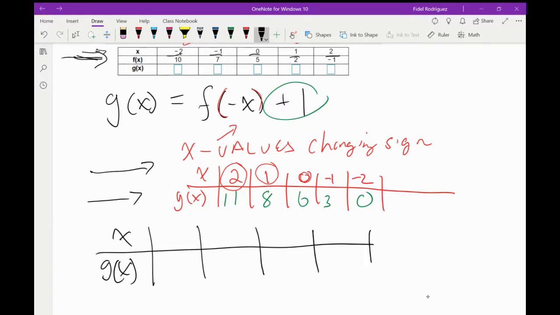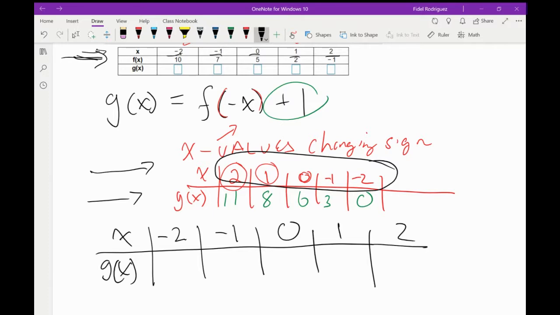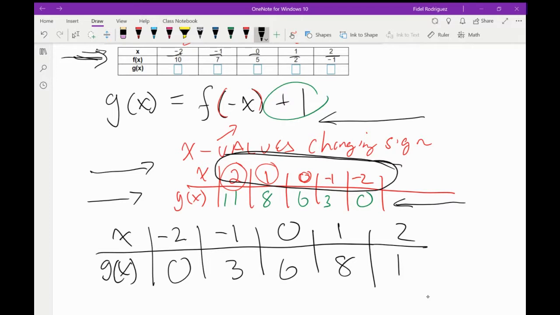Let's rewrite the x values where -2 comes first, then -1, then 0, 1, and 2. And if I'm rewriting in this direction, then I need to write the y values in that same direction. So wouldn't I have 0, 3, 6, 8, and 11?